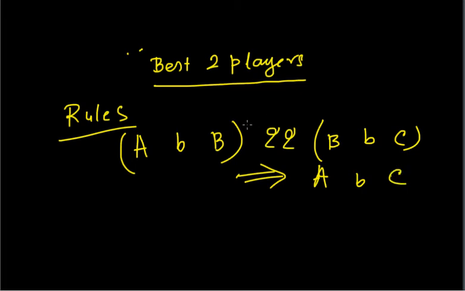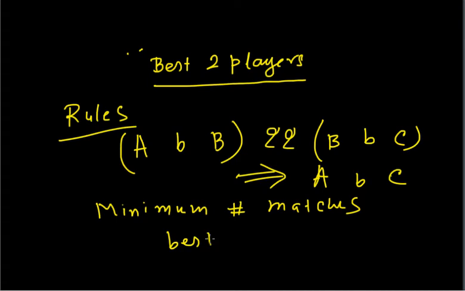Now the goal is to find the minimum number of matches required to determine the best two players, the champion and the runner-up. How can we find it?